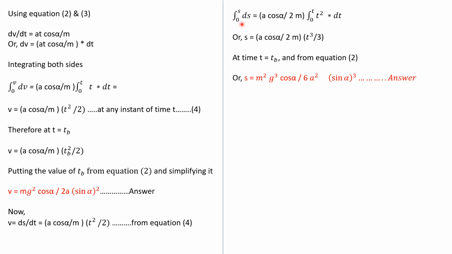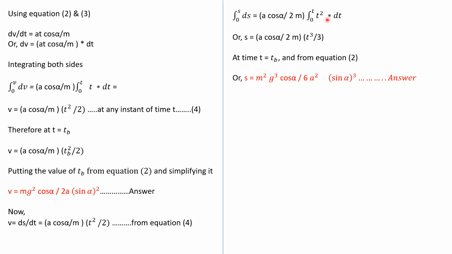The starting point, the reference, we take at 0, and at any time t it has covered a distance s or displacement x. This part is constant, so we have kept it outside. So 0 to t, t square into dt. After integrating, we got A cos alpha divided by 2m times t cube by 3.